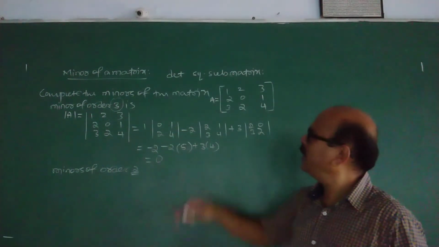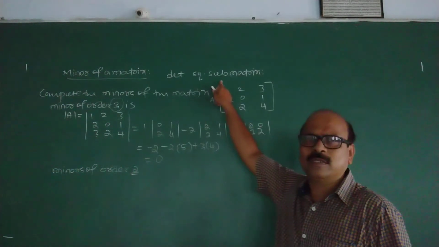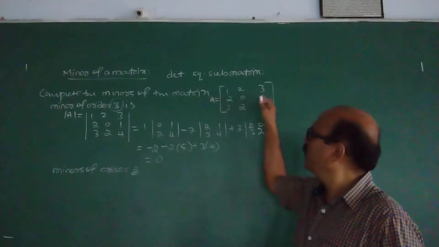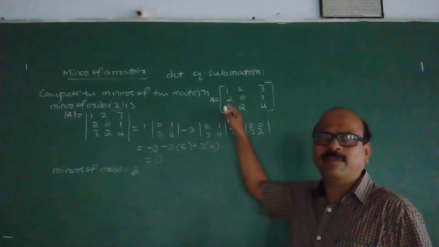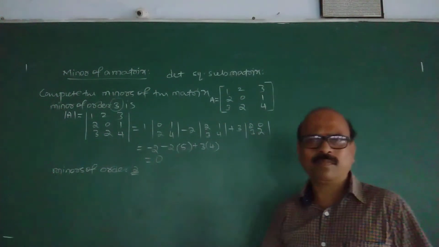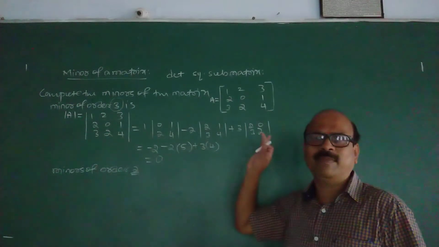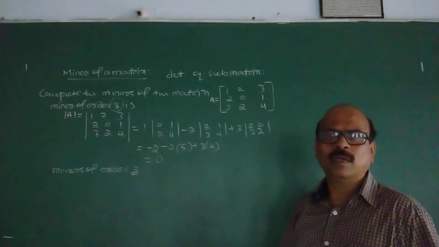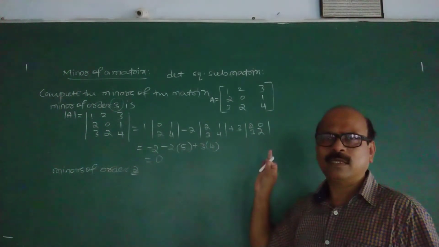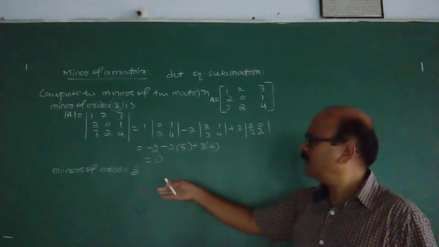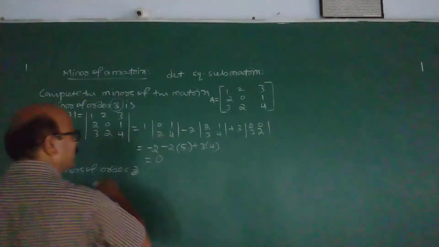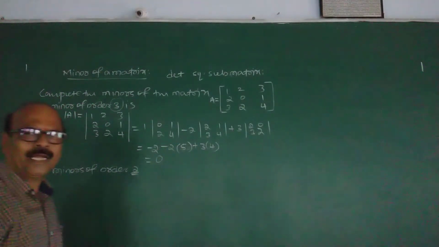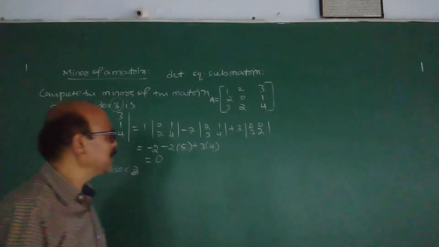It is the determinant of square submatrix. Submatrix means you have to delete certain rows and columns from the given matrix. Then the matrix obtained is called submatrix. But you have to take the determinant of that submatrix. It is called minor of the matrix. Now, I calculate minors of order 2. I write here in some definite way so that I may not miss any minor here.